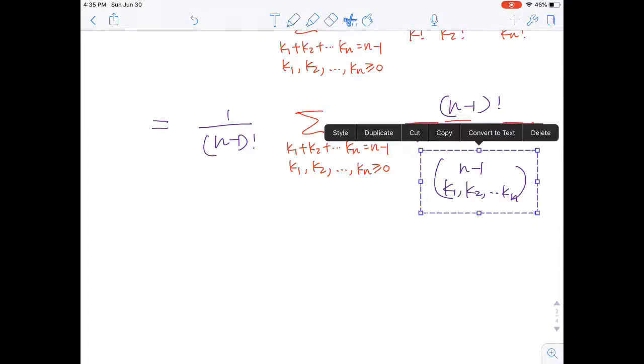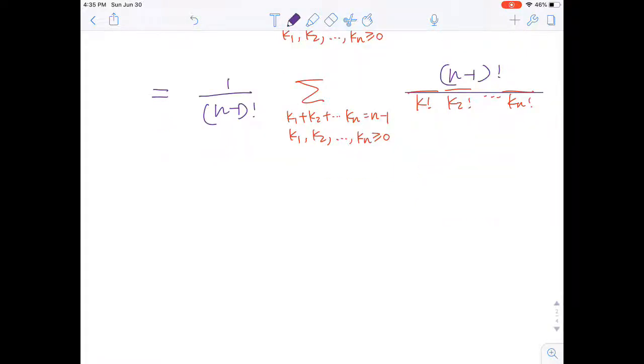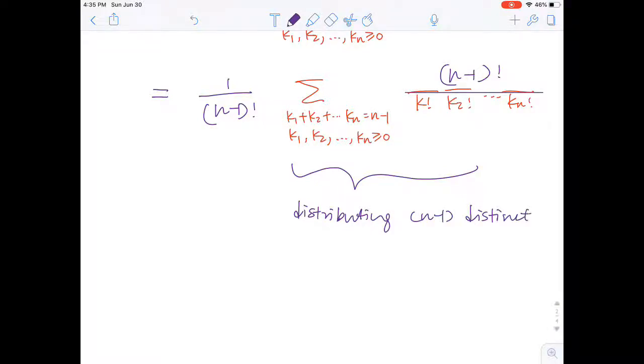Okay, so I assume you have thought about it. You can actually think of this as distributing n minus 1 distinct marbles, because all the k's sum up to n minus 1, into n boxes.